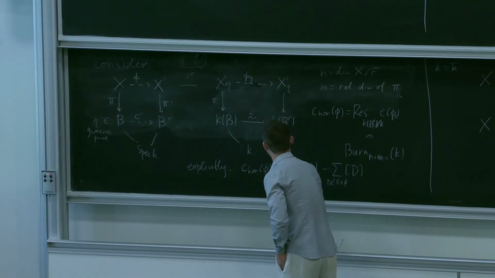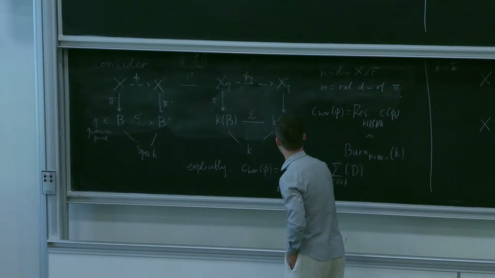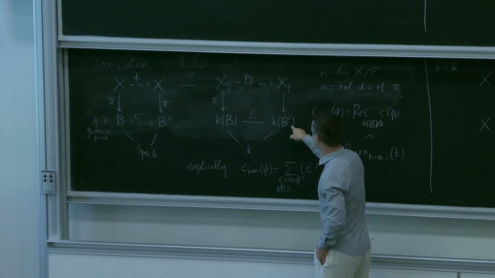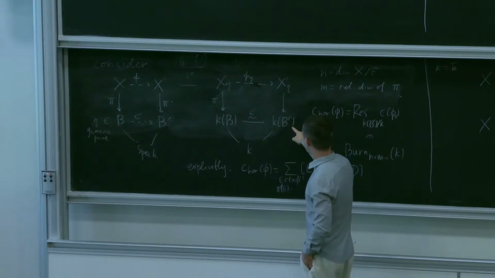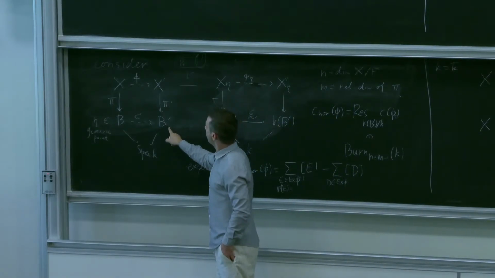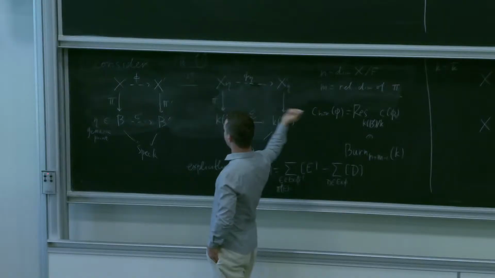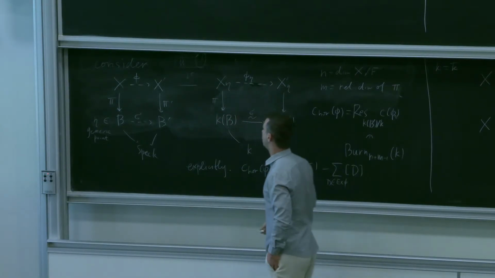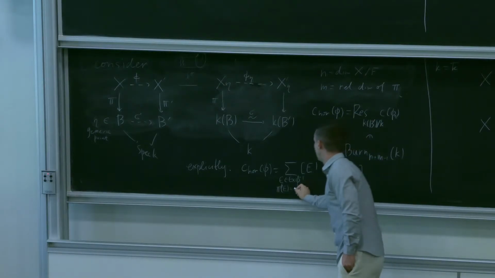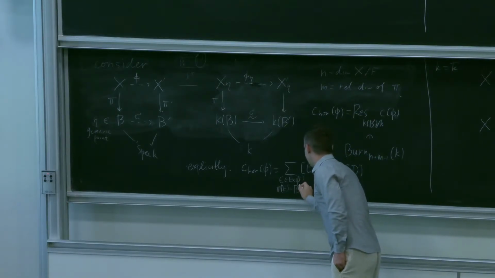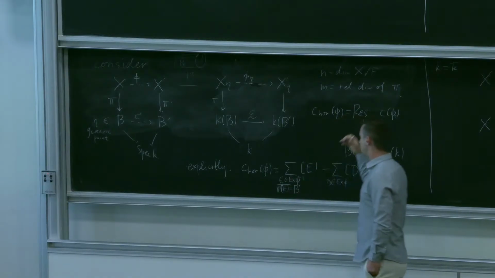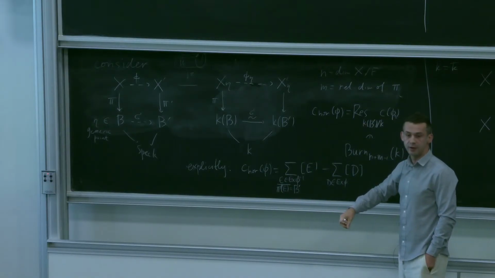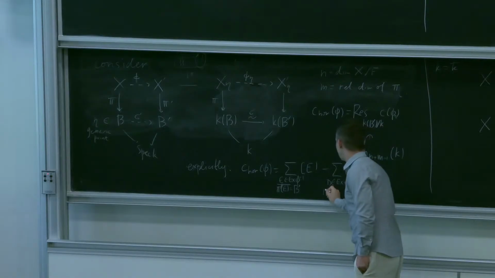But the point is that they dominate the bases. So if I look at this side, then the divisors I look at here are the ones which dominate this base, so survive over the generic point of the base. So I want the closure of the image to be equal to the base. And same thing here. I want the closure of the image to be equal to the base.